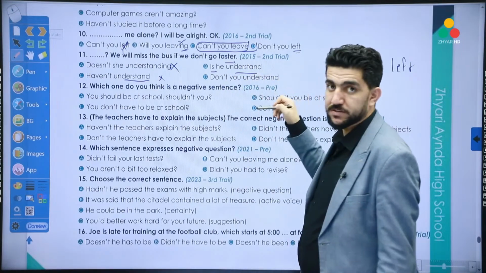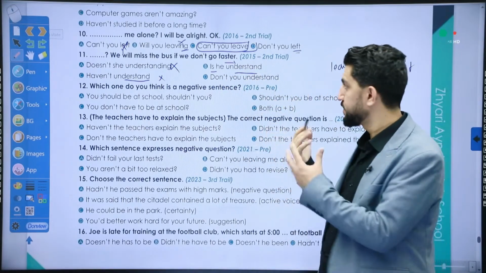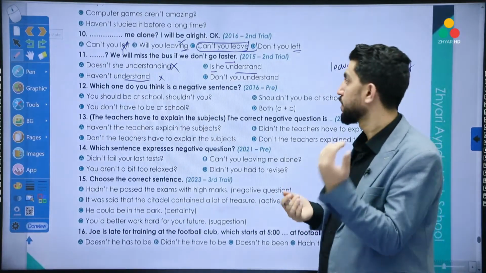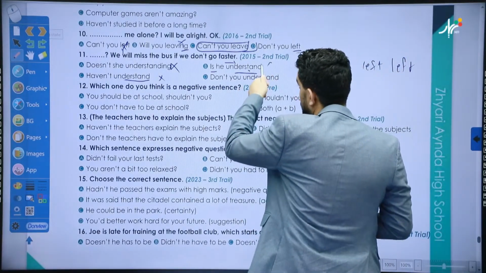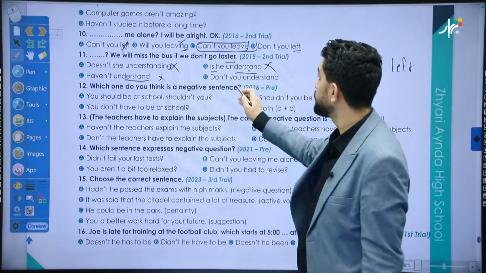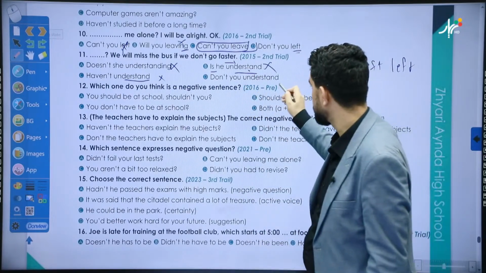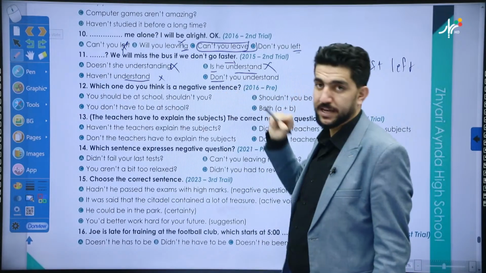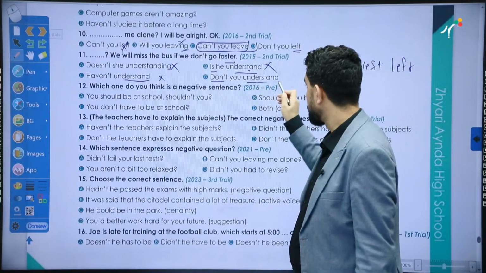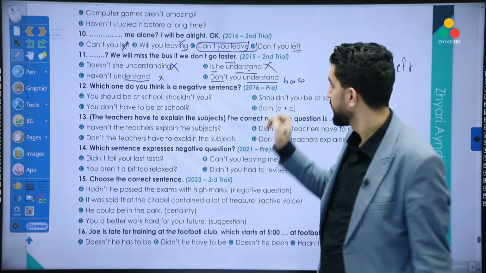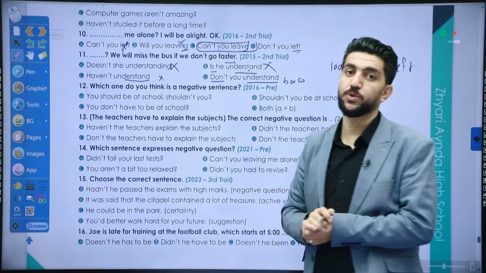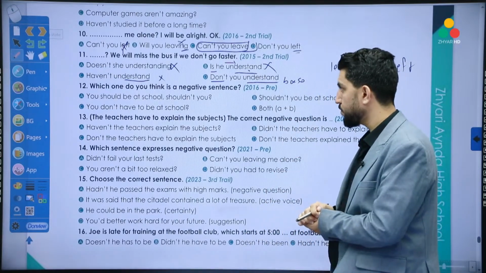Verb B is always followed by ing or noun or adjective, things like this. But this one is infinitive. That's wrong. Don't you understand? This one is correct. Why? It's negative first, and it's also infinitive, which is called base. Okay? So don't you understand would be correct.